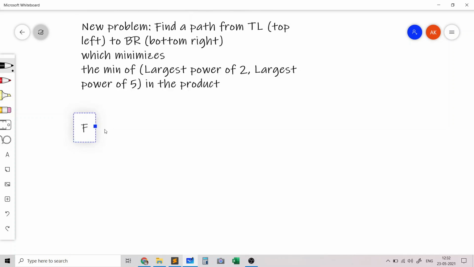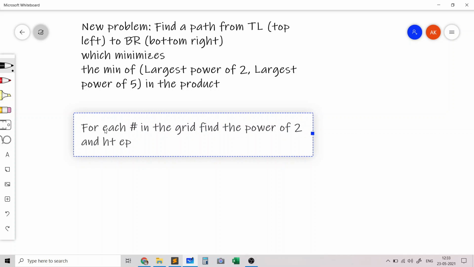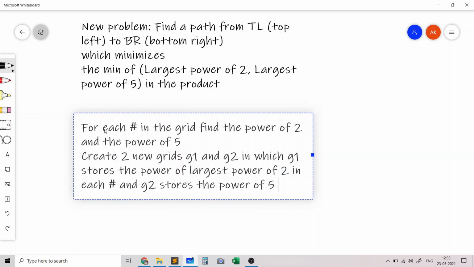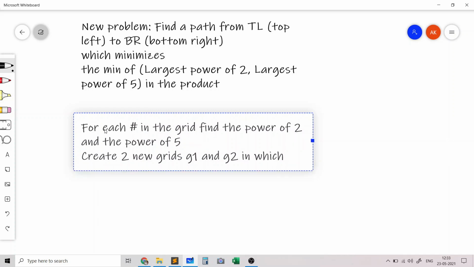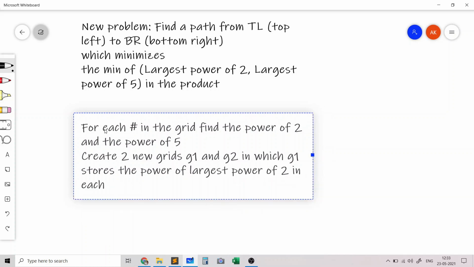First, for each number, let's find the power of 2 and the power of 5, and let's create two new grids, G1 and G2, in which G1 stores the largest power of 2 in each number, and G2 stores the largest power of 5 in each number.